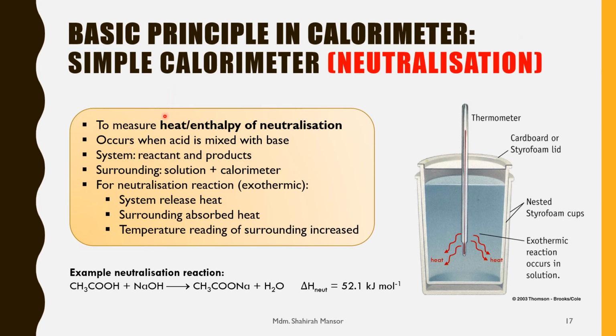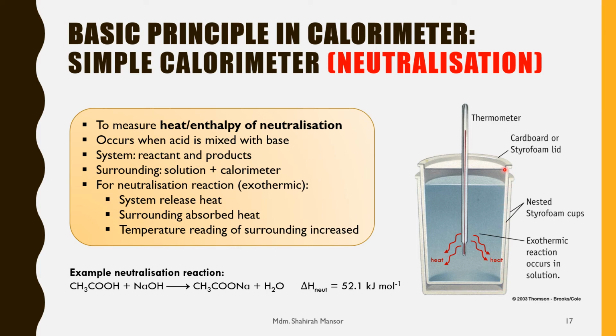The second situation is in simple calorimeter, that is to measure heat of neutralization. So simple calorimeter is best used to measure heat of neutralization. It occurs when we mix acid and base. So in this case, the system adalah both reactants and products. Meanwhile, the surroundings adalah the solution after we mix those two dan juga calorimeter.